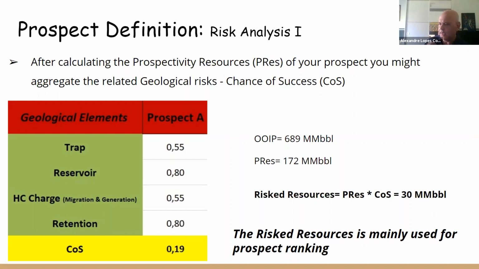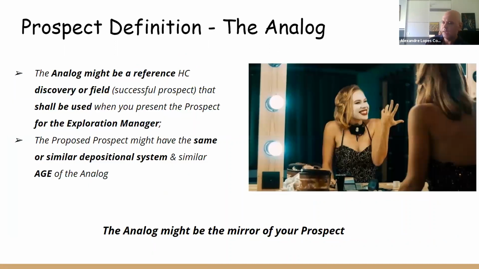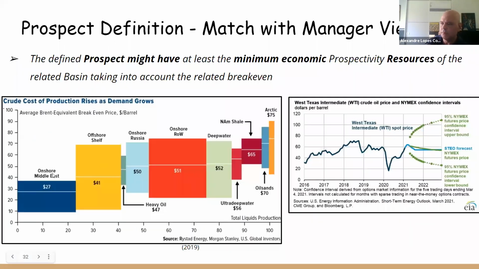Okay. And then you have to take care about the break-even, the costs. The break-even is the minimum economic value for your basin, so that the company has money to produce the barrels. If the barrel stays at $25 US, onshore Middle East will be economic.